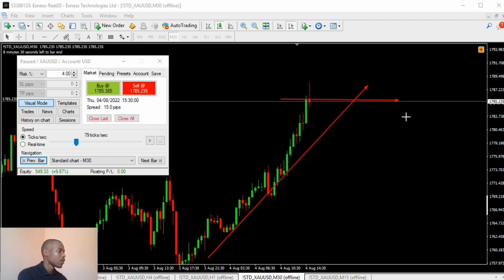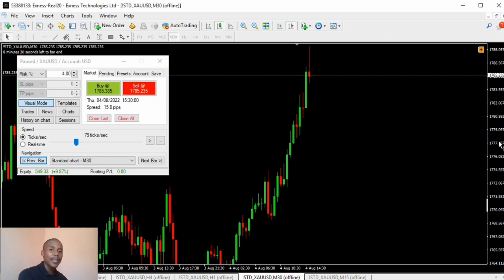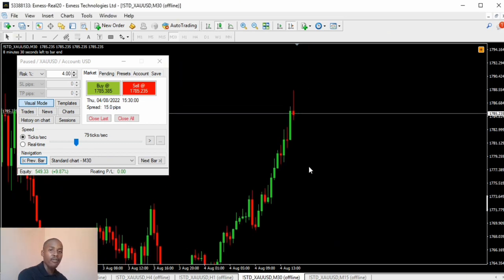So now we're just going to remove that. Scale fix that, and then enlarge our charts right there. Right now we're just going to simulate this and let price evolve, and then we can wait for price to print something that we are most familiar with, something that we recognize, something that we have seen printing before.